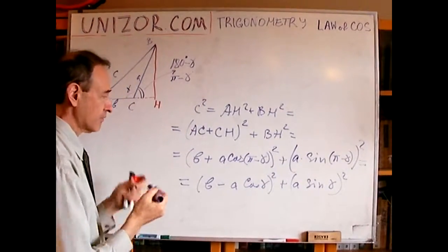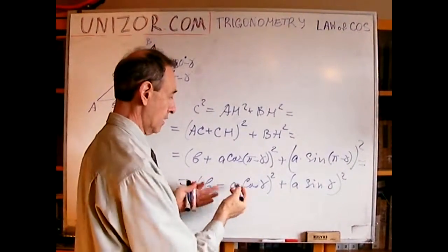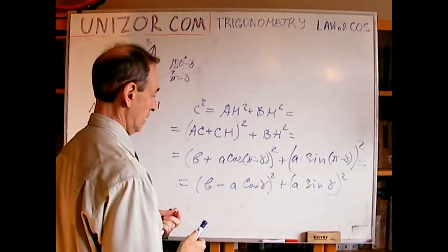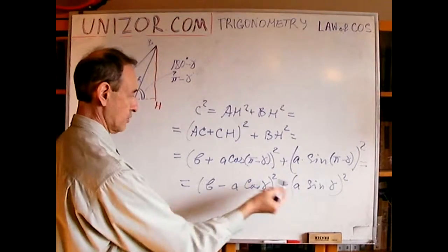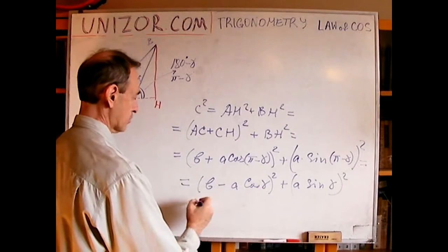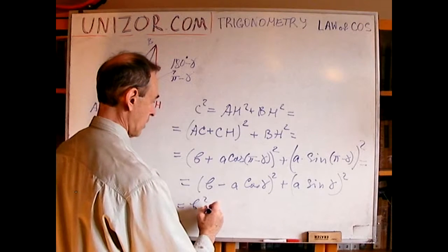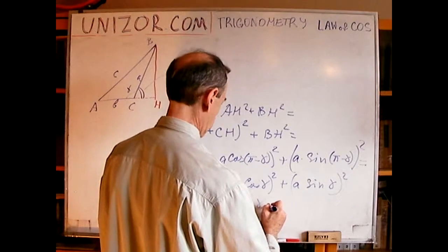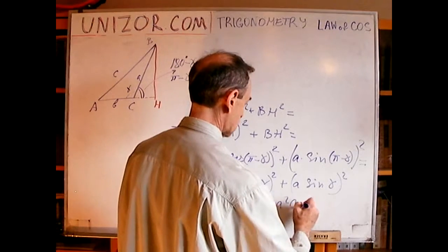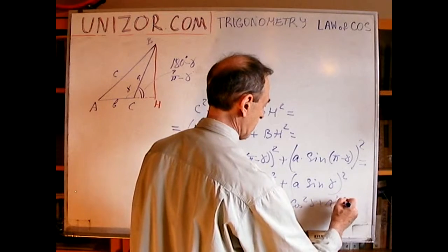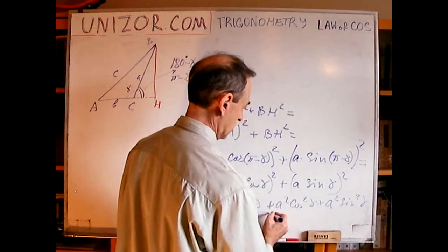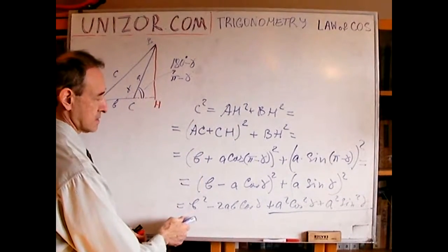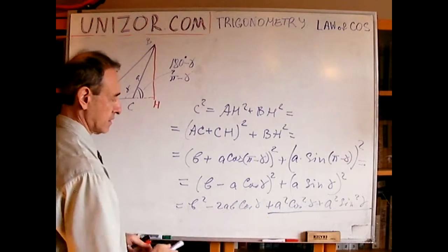And as you see, we have come to exactly the same equality, but slightly differently. We still have this minus here, because if you open all the parentheses and put together B squared minus 2AB cosine gamma plus A squared cosine square gamma plus A squared sine square gamma, and this is obviously equal to A squared, you will get exactly the same: A squared plus B squared minus 2AB cosine gamma.